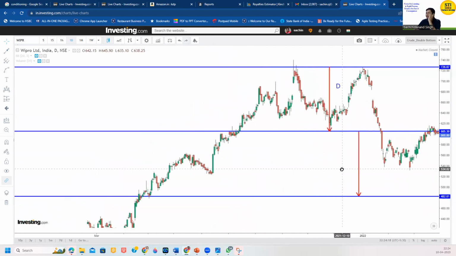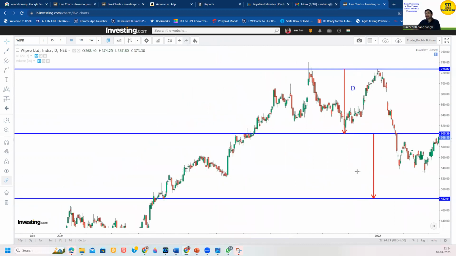Okay. So suppose we are here and we have just learned the double top, we don't know the future. Because we have the future data, this is called back testing. We are applying our theories, whatever we understood, on the real chart, which has historical data, to see whether it has worked or not. Okay.